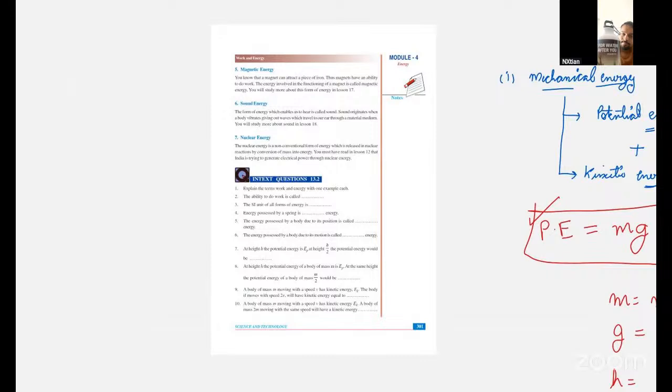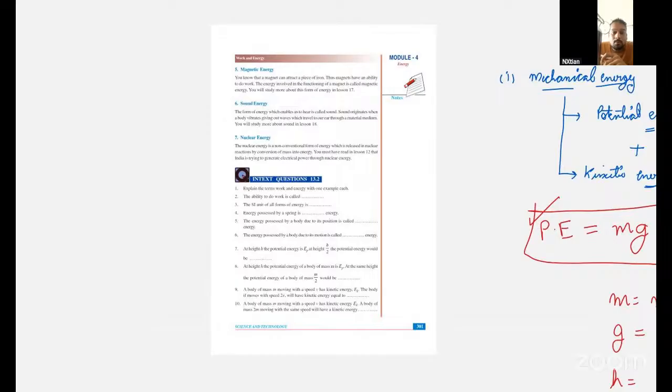Got it? Or we can take one more example. If you take the ice cream packet out of the freezer, there won't be any water droplets at first. But if you keep it outside, you will find water droplets forming near the packet.